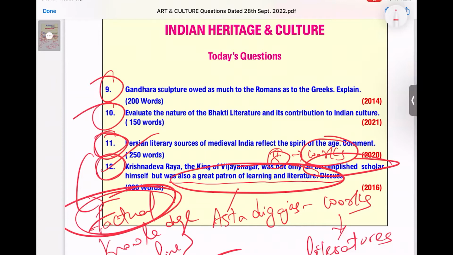He is expecting you to know the role of Krishna Devaraya, he himself being a great scholar and a very good facilitator and patron for various literary works. So the examiner is expecting a certain kind of clarity from you with regard to understanding.